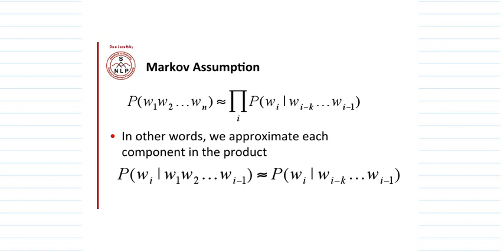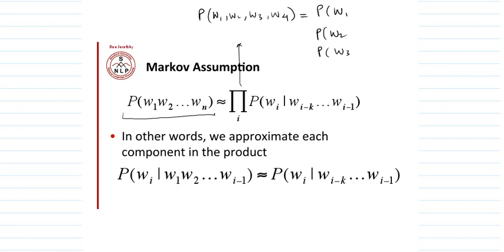So we just approximate the probability of the given sentence as a product of probabilities of wi. When we write it like this, the probability of W1, W2, W3, W4, suppose you have 4 words, can be written as P of W1 multiplied by P of W2 multiplied by P of W3 multiplied by P of W4, right?